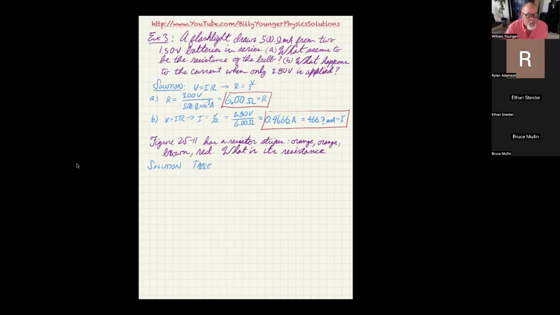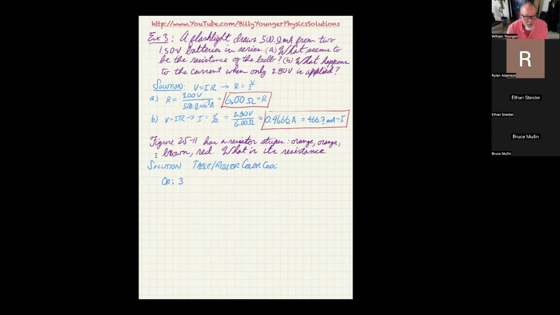Table 25.1, I believe it's called. Actually, it's not even listed. It's the resistor color code. Orange, as a number, corresponds to 3.